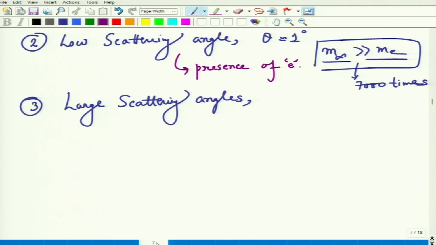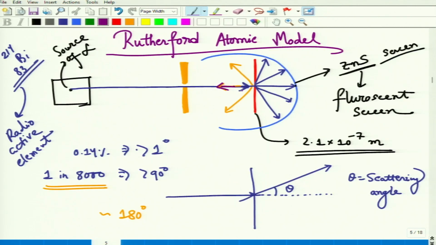So when is it possible for scattering of the order of greater than 90 degrees or even 180 degrees? Though it's very rare, as I mentioned before, these scatterings are almost negligible, but it's happening.